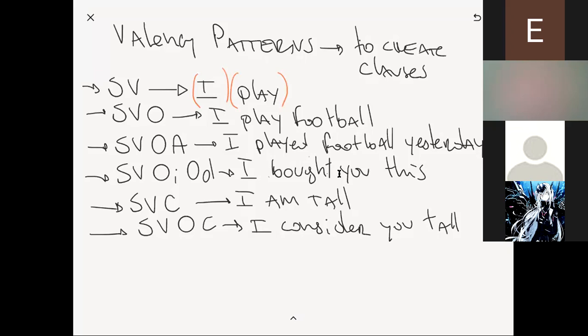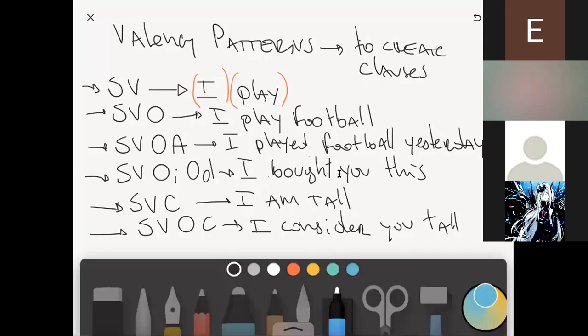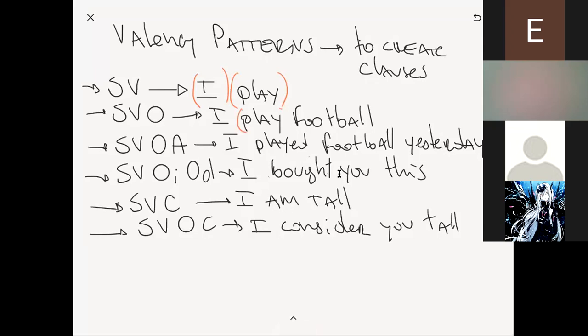I play football. In the second example, you can see how this clause is composed of three elements: one subject, one verb, and then one object, right?